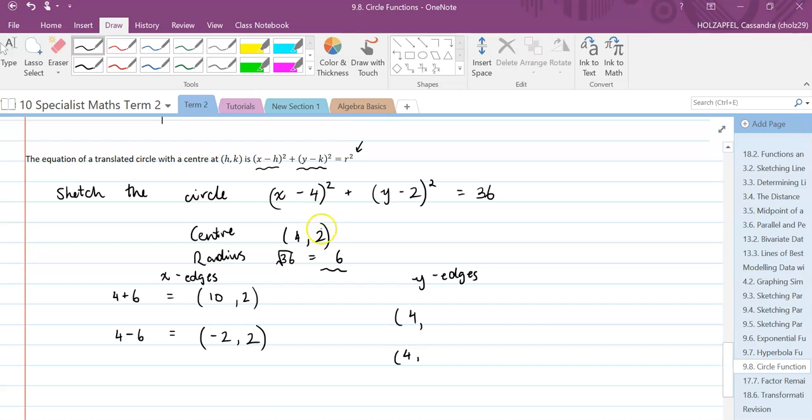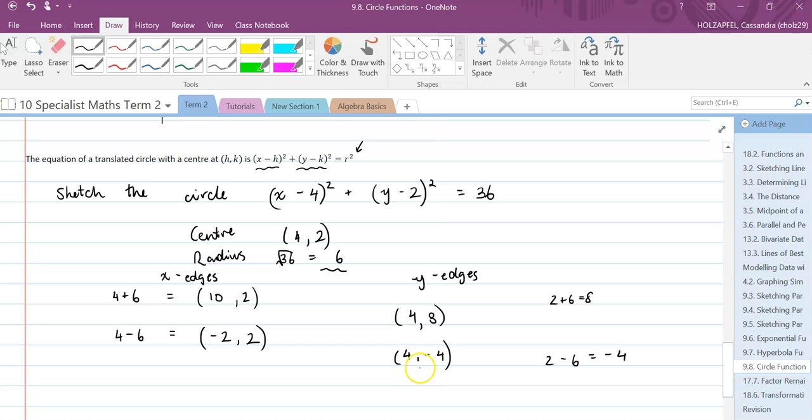And then we're going to add 6 to 2. So 2 plus 6 is going to give me 8. So that's shifted my top edge up to 4, 8. And then if I wanted to find my bottom edge, that's going to be 2 minus 6, which is going to be negative 4. And so my new bottom y edge is going to be at 4, negative 4.